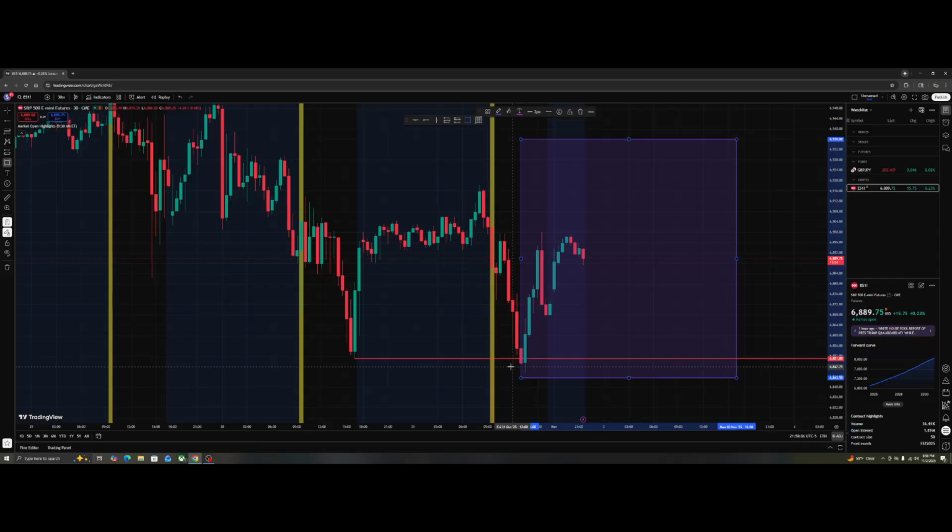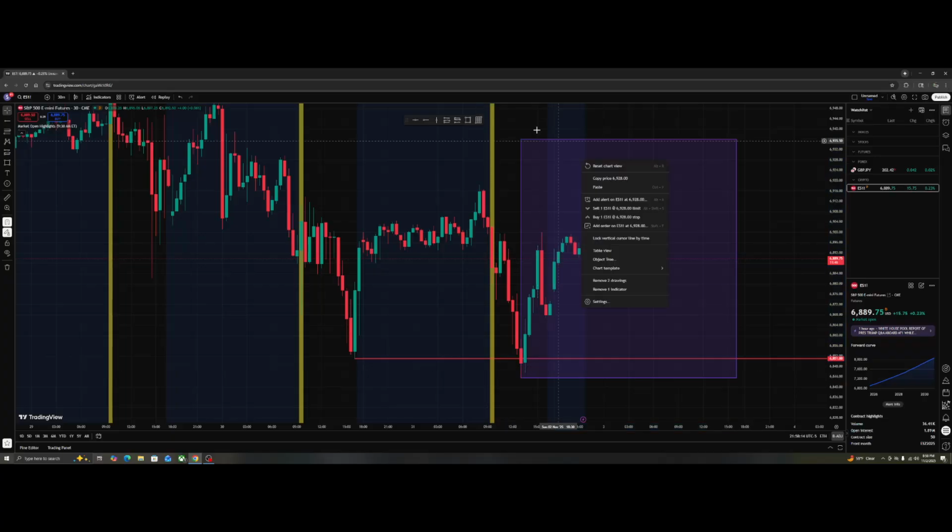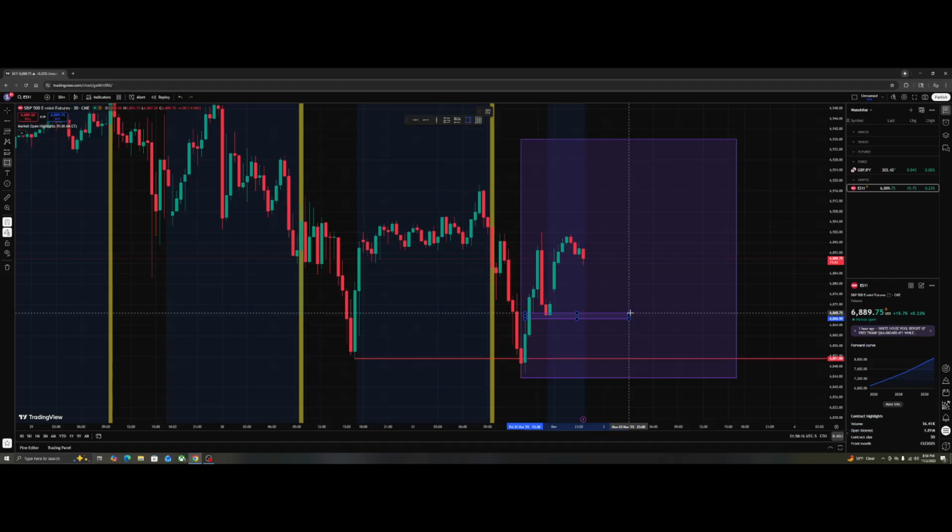I'm not saying that because it swept the liquidity it'll go up, I'm gonna be using more building blocks, of course. Like right over here, we see a fair value gap get filled, so that's why it went more up.